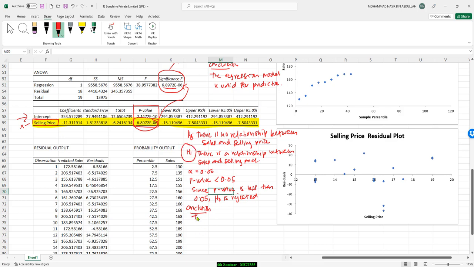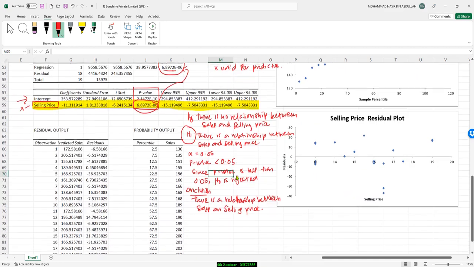There is a relationship between sales and selling price. Boleh? Boleh cakap tu? Boleh. Right. So you need to know this one.